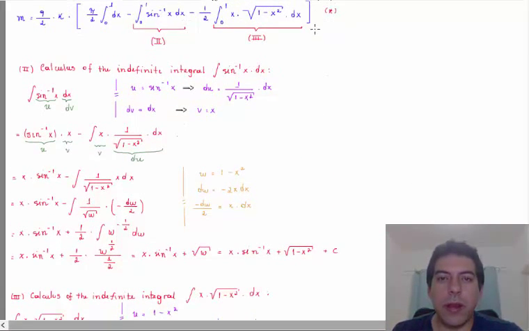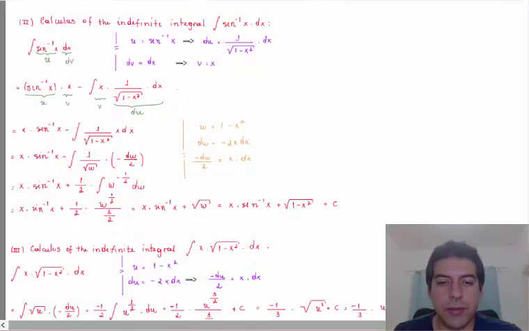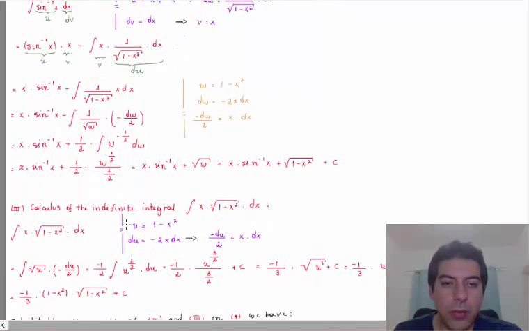This integral 3 can be evaluated using another substitution, as you can see right here. We can write u as 1 minus x squared, and performing the derivative on both sides, we have du equals minus 2x dx.